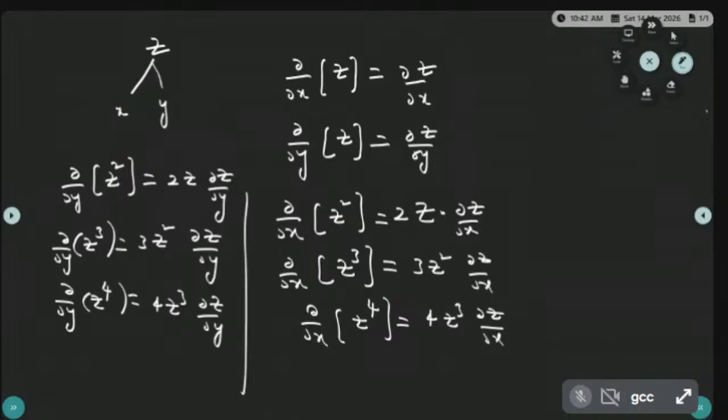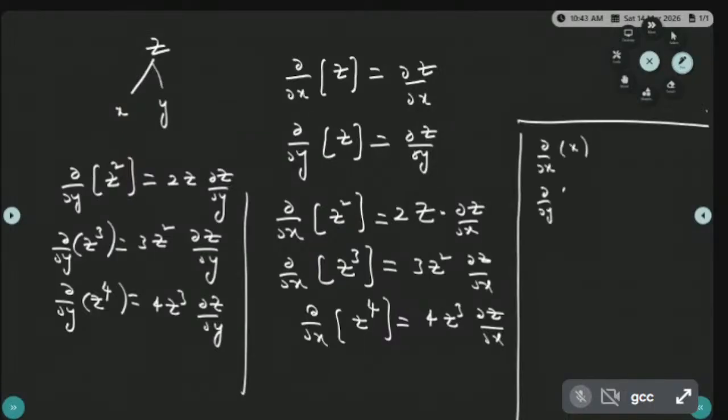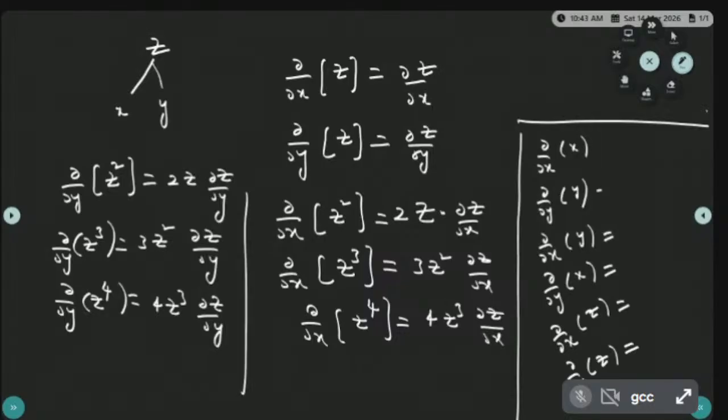Now see, be careful. Dou by dou x of x, sure?